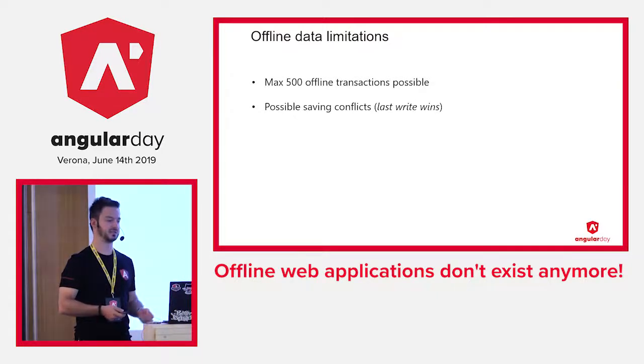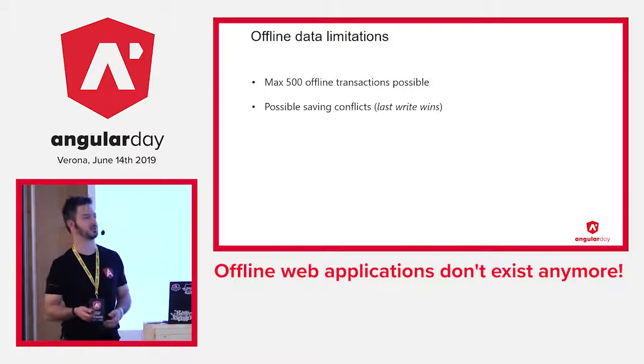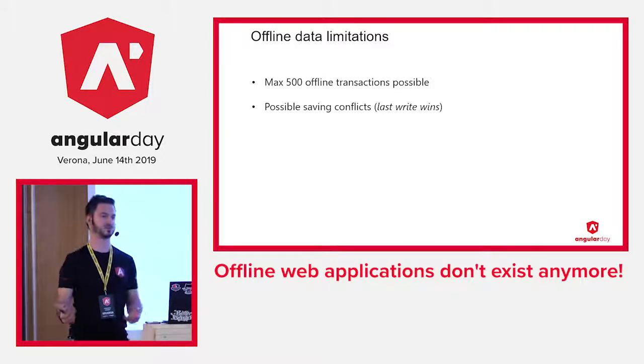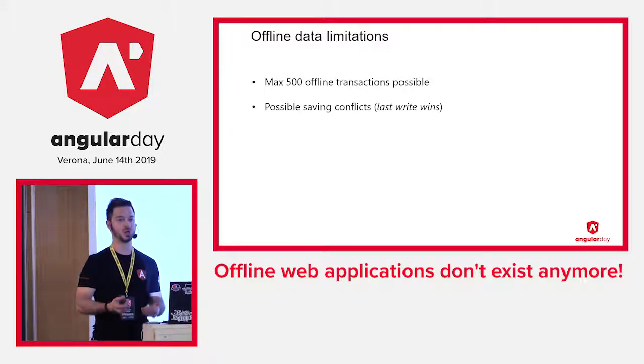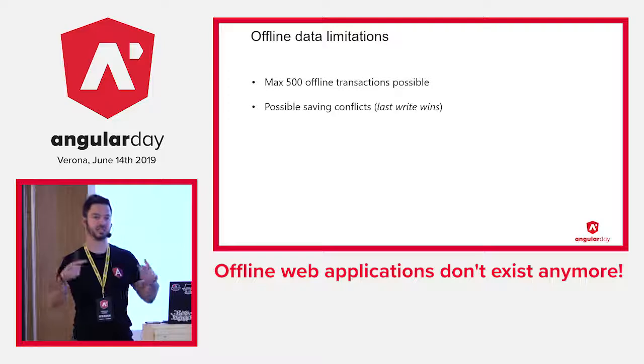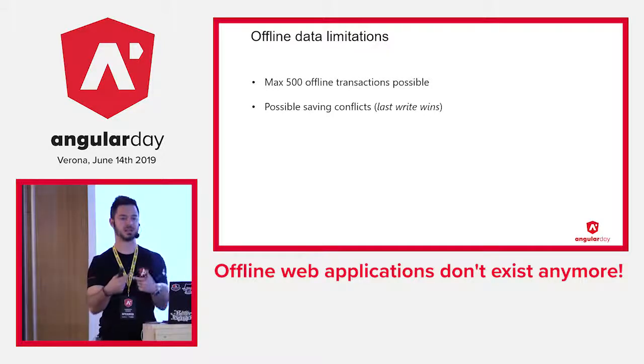Another important limitation is that a last write wins logic is used, so if we have multiple clients offline that synchronize their own pending changes, we cannot ensure that the changes will follow the real chronological order once they reach the database or the server.